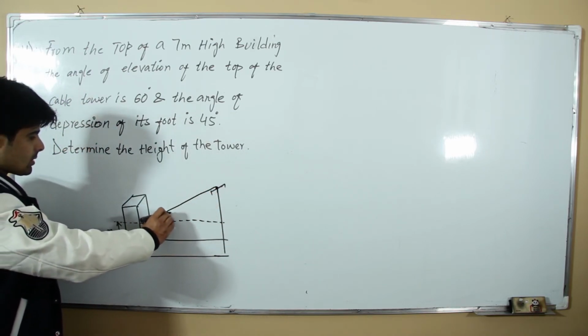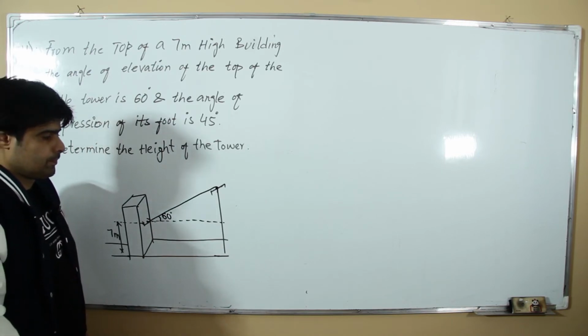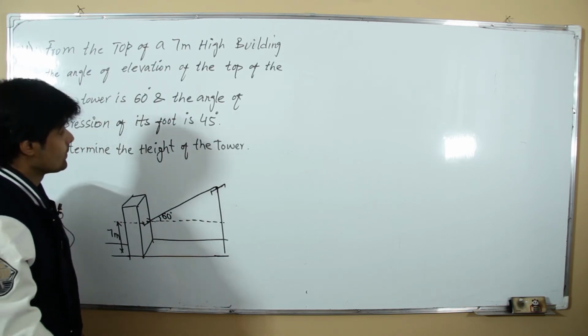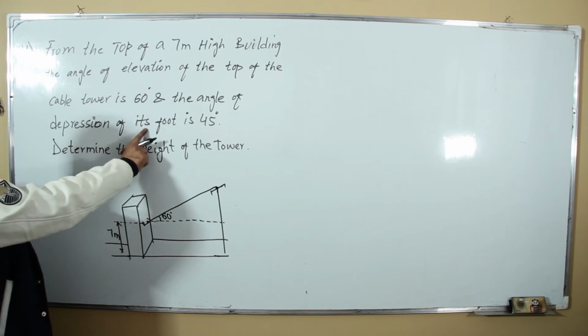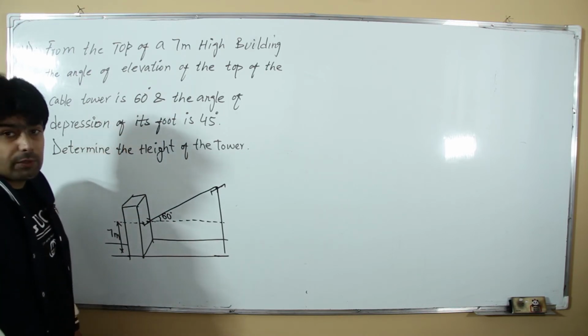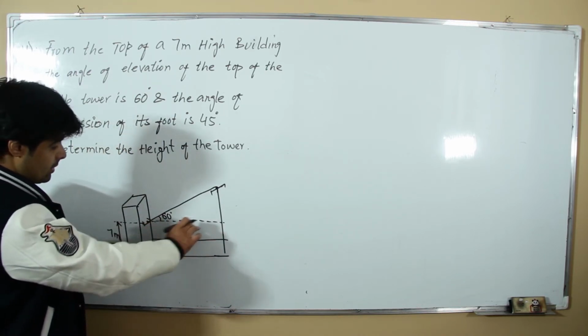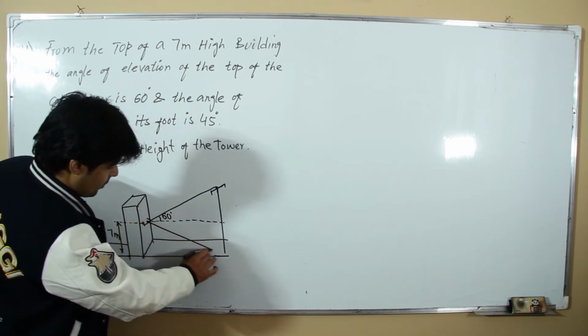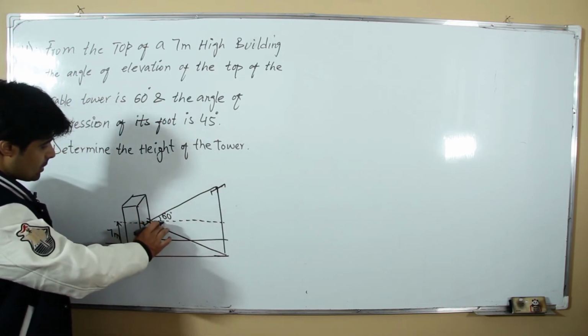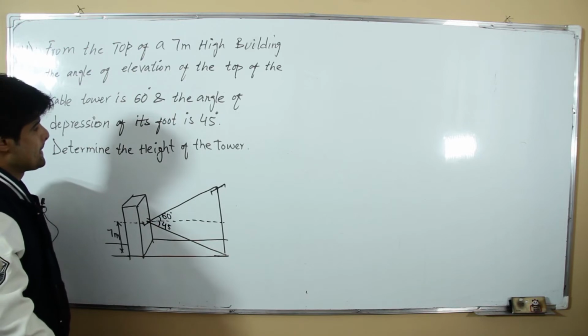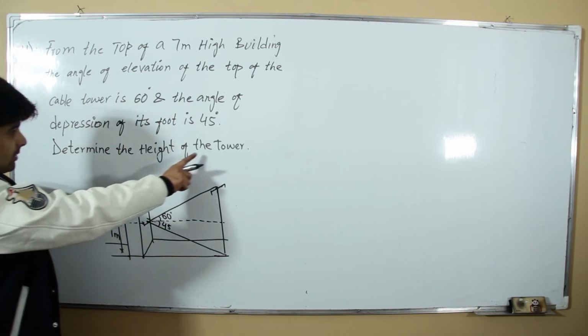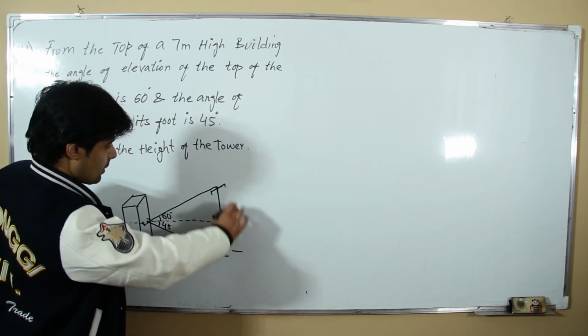This is 60. Am I right? Yes. And the angle of depression. What's angle of depression? Horizontal line and the foot part. This one. This is 45. Now you have to determine the height of the tower. This one you have to find.